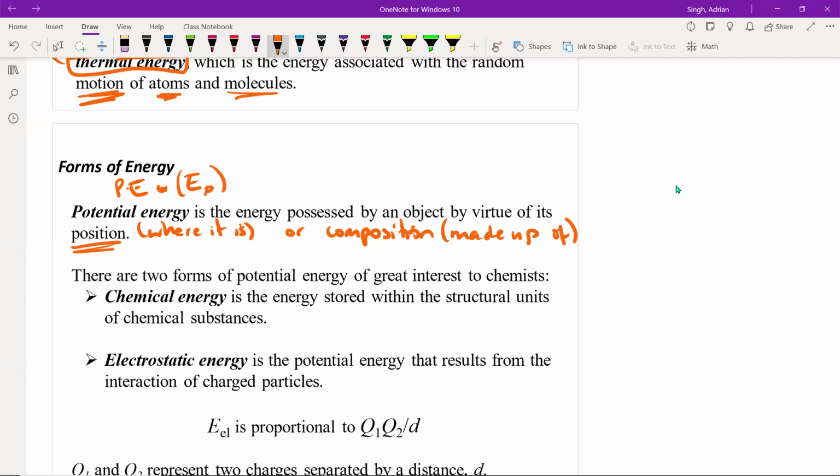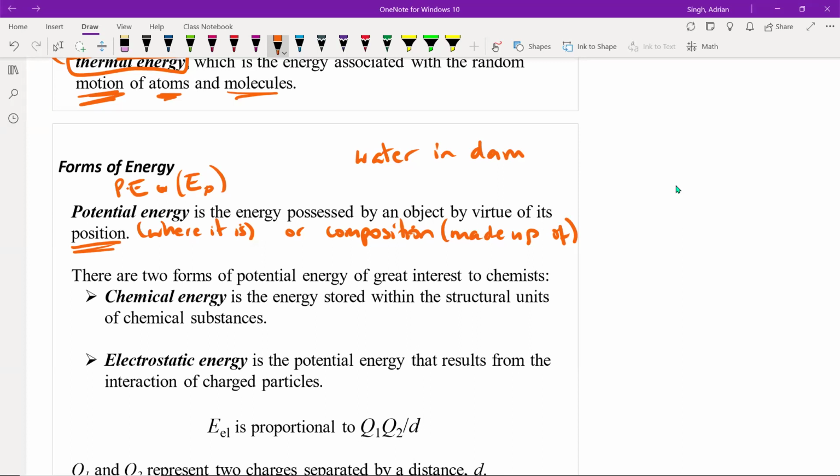You can think of potential energy in a macro sense. If you think about the water in a dam, the water that's behind the wall of the dam has a lot of potential energy. It has the potential to generate energy to do work.